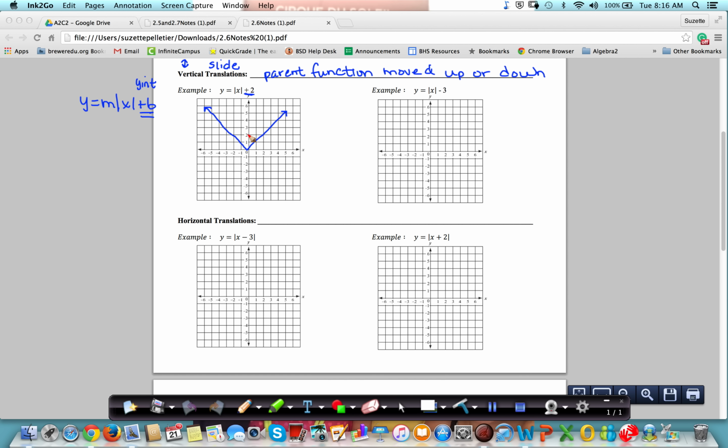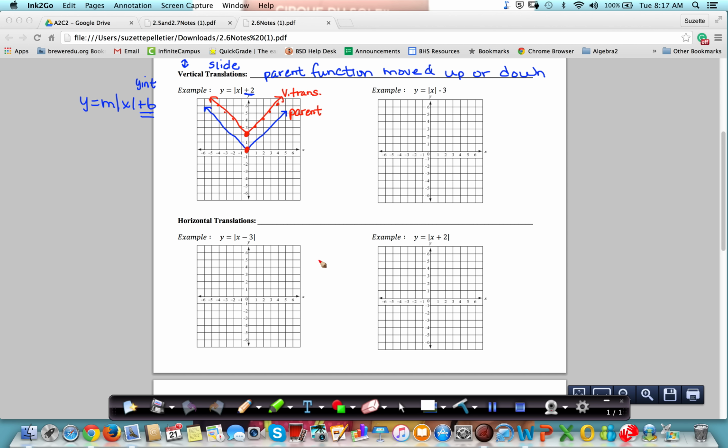So this point has gone up 2, up 2, up 2. All we've done is taken the same shape we had before and moved it up 2. Blue is your parent, and this is your vertical translation.